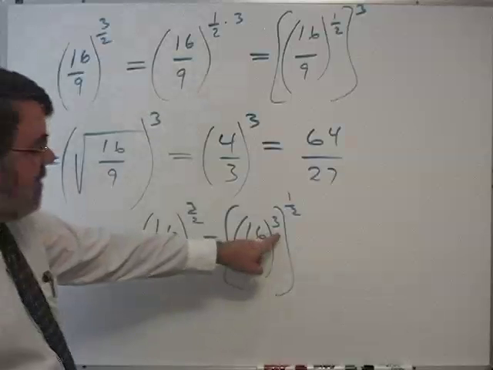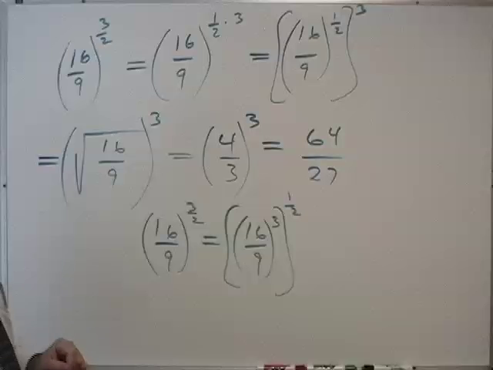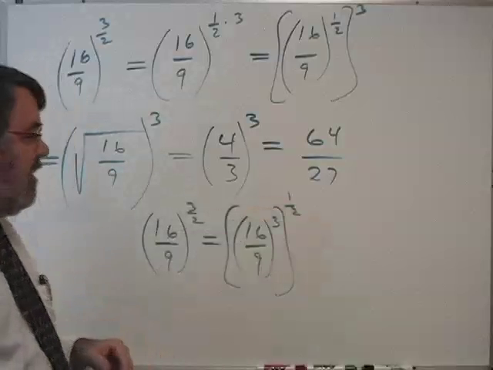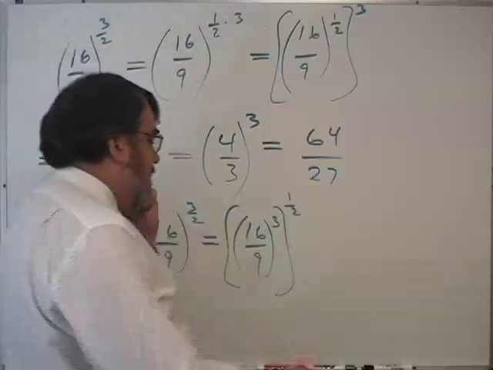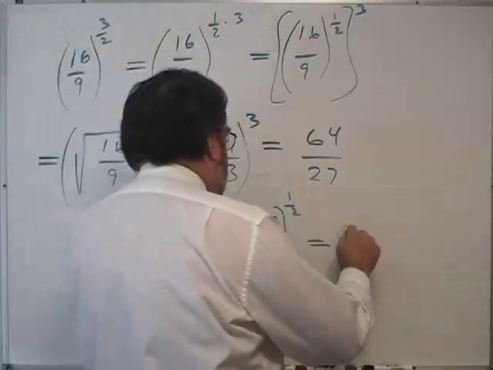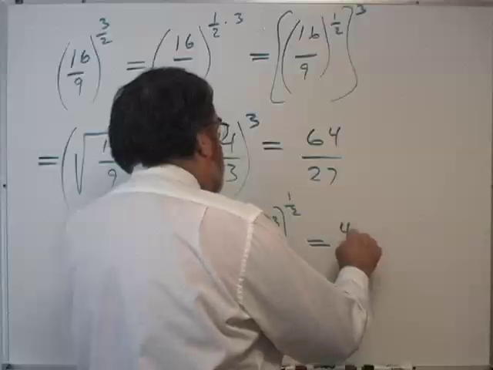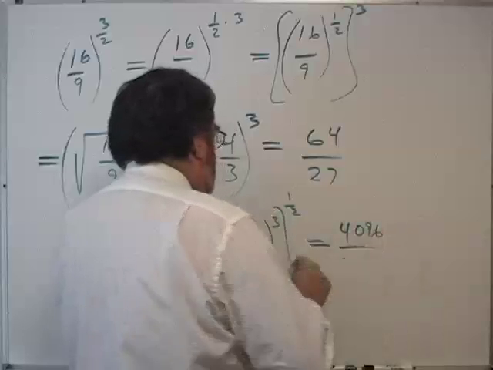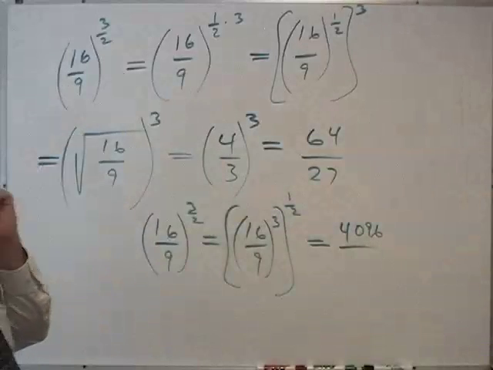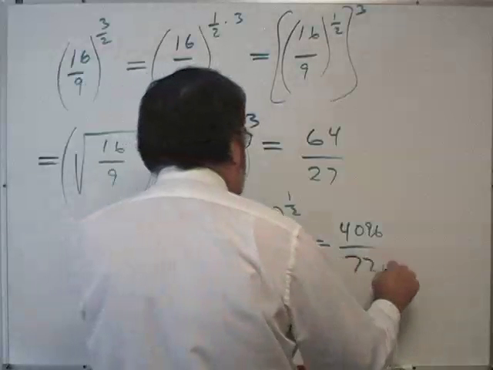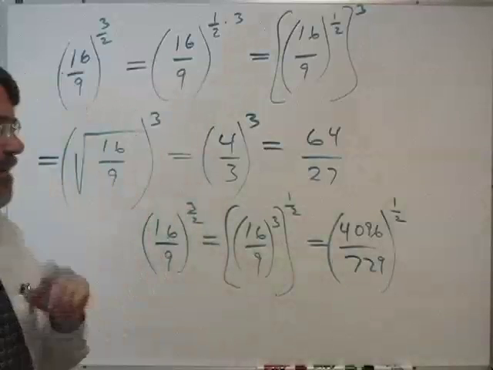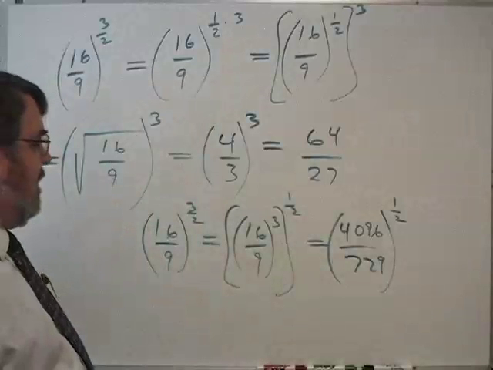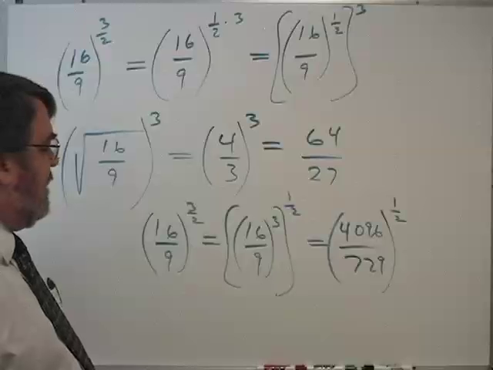In this case, we're going to cube the fraction first and then take its square root. And that's going to be a mess, because 16 cubed is, I believe, 4,096. 9 cubed is 729. And then we take the square root of those numbers. So it's a mess.